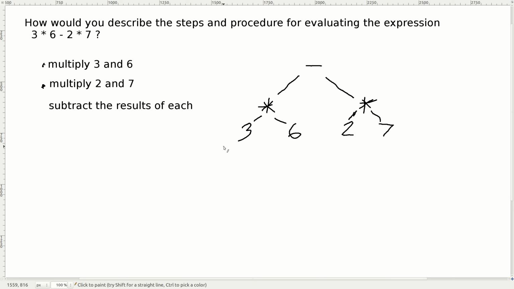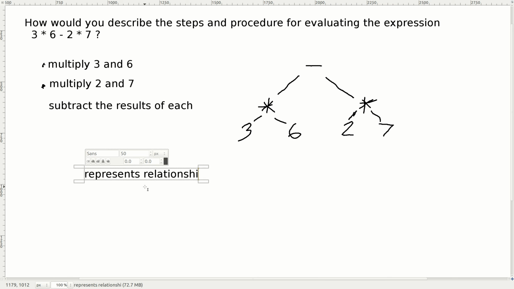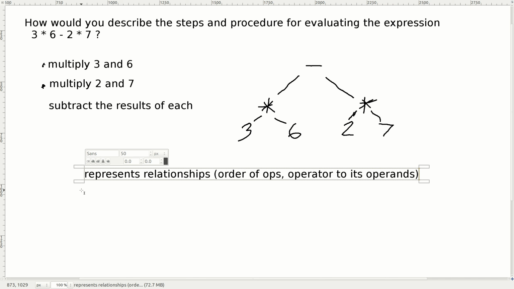And there are a few other little features that we could point out about this tree that we've built. So it represents relationships: order of operations, and operator to its operands. Those are some relationships that are represented in this tree here.